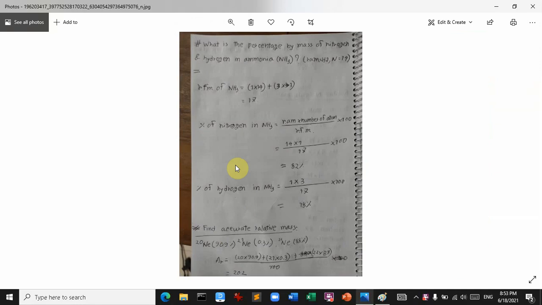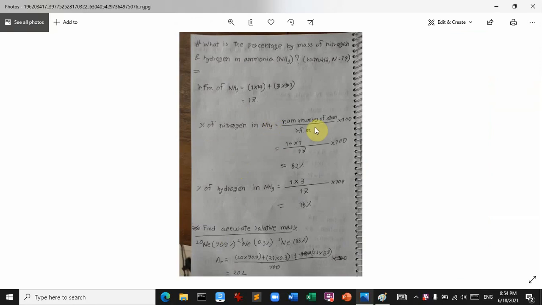In the previous math, we calculated the whole mass of a molecule. But in this math, we're going to find how much of a particular atom is in a particular molecule. To find that, we first have to find the relative molecular mass, the total molecular mass. Then one by one, we find what percentage of mass is there, here of nitrogen.